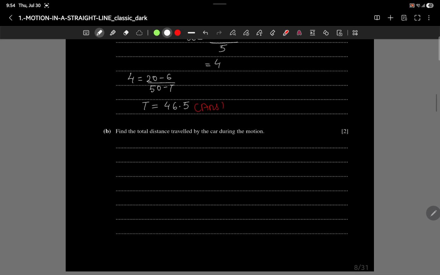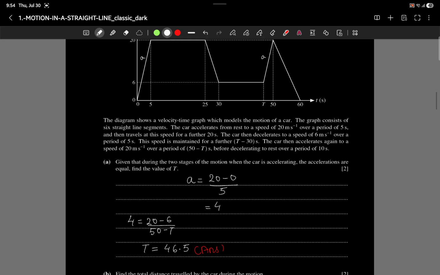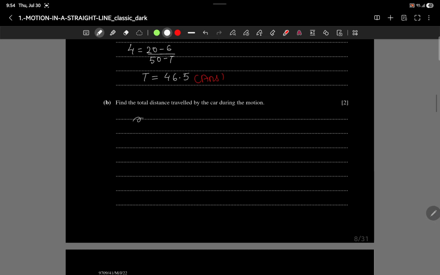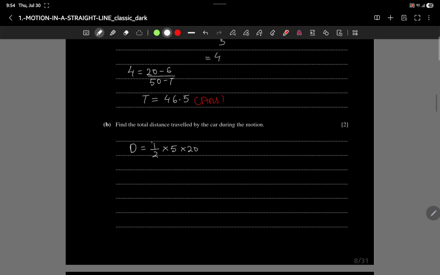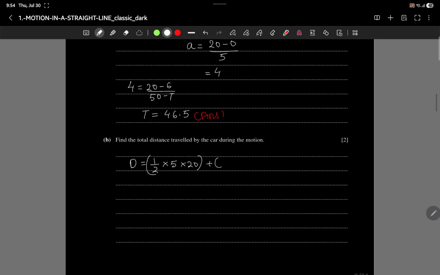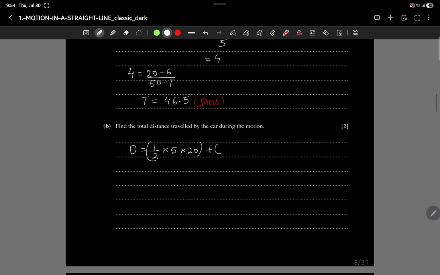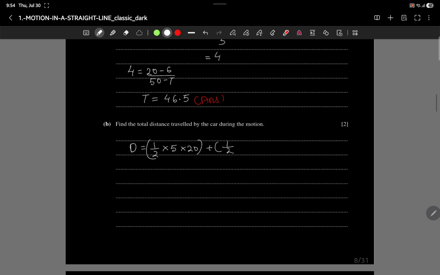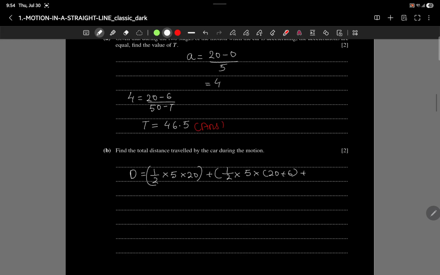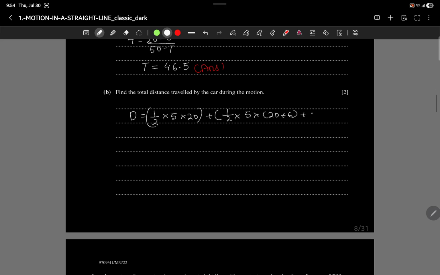Find the total distance traveled by the car during the motion. Okay, this whole motion. Okay. So distance equals to, first part is a triangle, and then you can just use a trapezium. And then a rectangle.